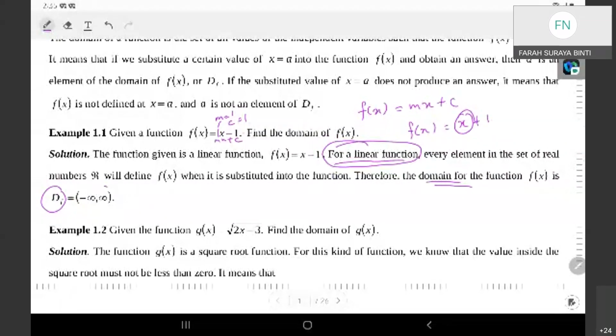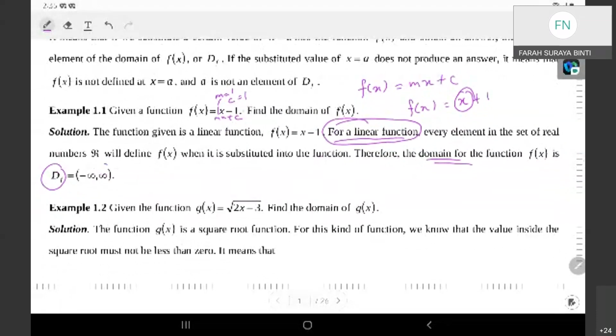Okay. Tengok example 1.2 pula. The given function is square root 2x minus 3. You need to find the domain of g(x). Here it is clearly seen that square root 2x minus 3 is not a linear function.